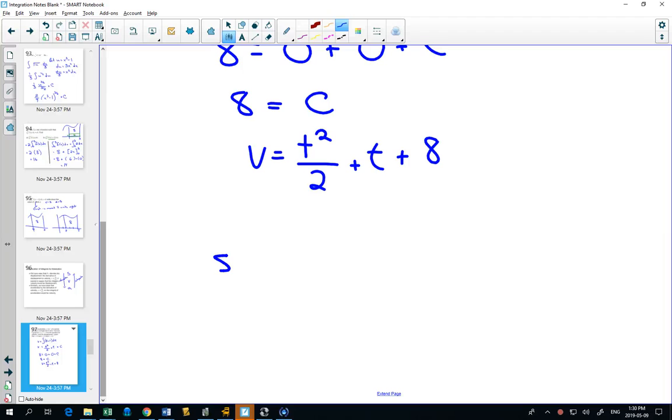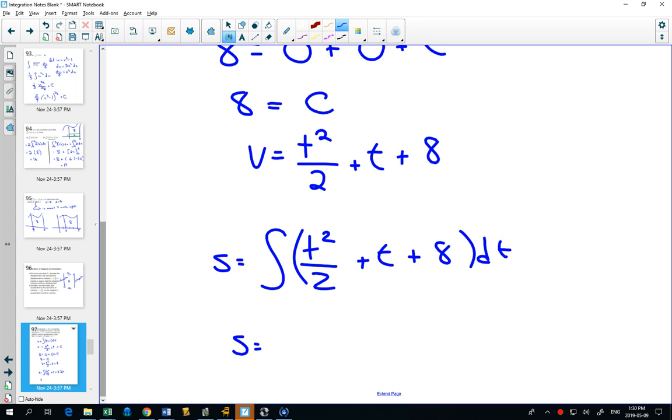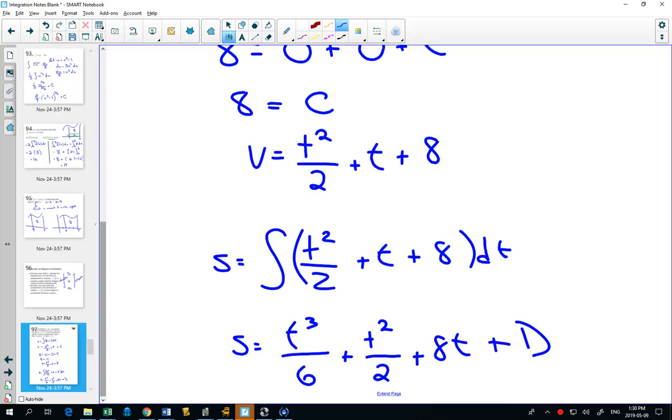My displacement formula then would be the integral of that. And since we already used the letter c for velocity, this time when we add our constant, we'd have to go plus d.